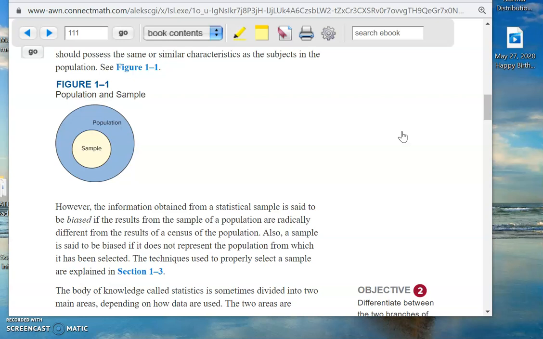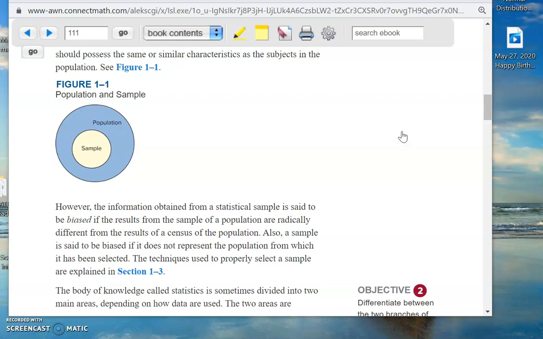Let's take the population of Riverside Community College District. Now there are 3 campuses, and there are tens of thousands of students. If you were looking at the population of all the students, it would be very difficult to do a census. However, it would not be so hard to do a sample. So you take a sample and say, I'm going to draw my conclusions from the sample.